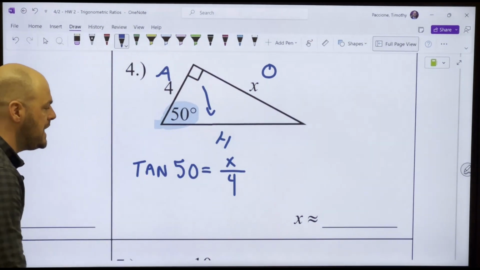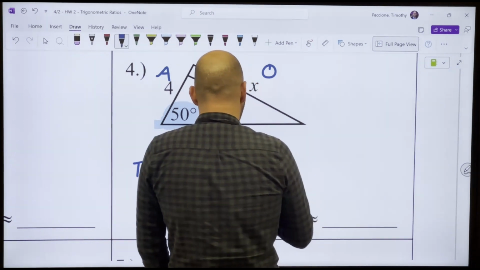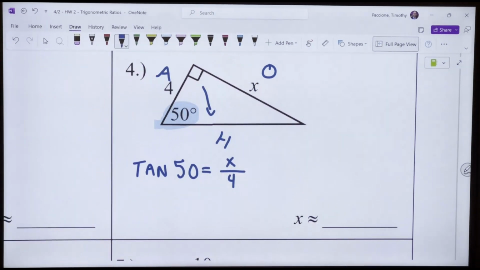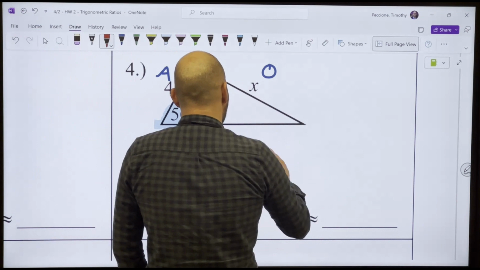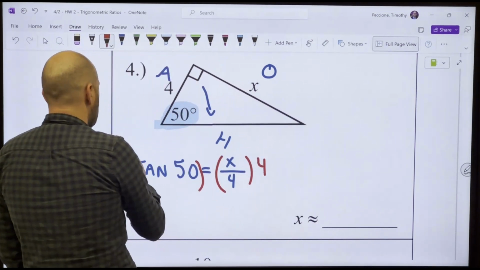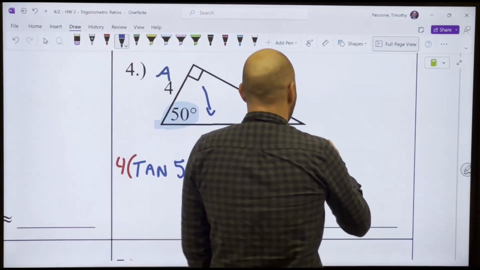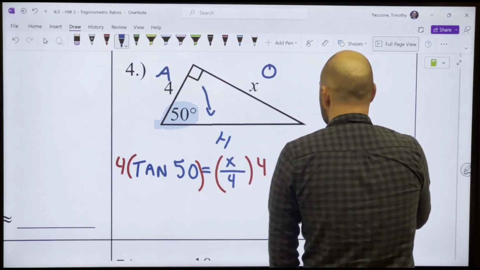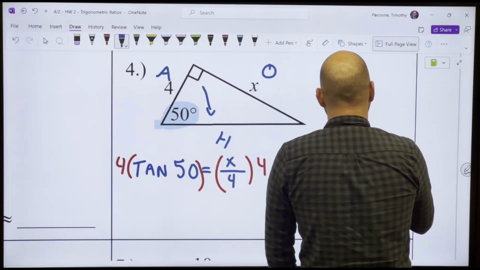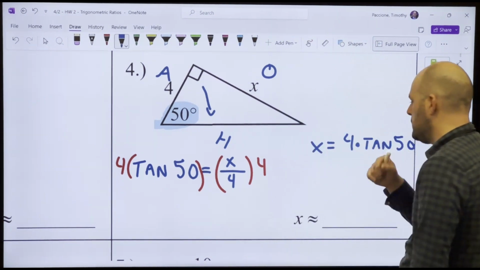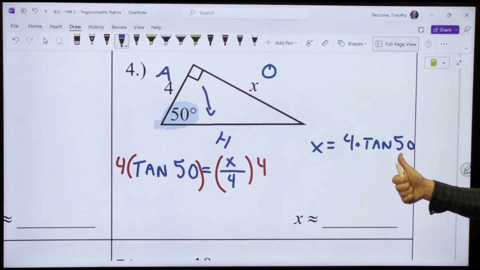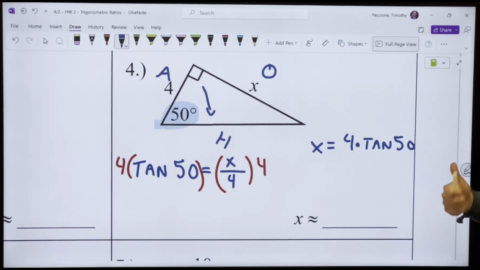Right? First thing I do is set up that formula, and now I just have to solve it like any other equation. To get x by itself, well, x is being divided by 4, so I multiply by 4. Both sides times 4, and what happens is you get x left on one side and 4 times the tangent of 50, and then your calculator does that for you. 4 times tangent 50, enter.